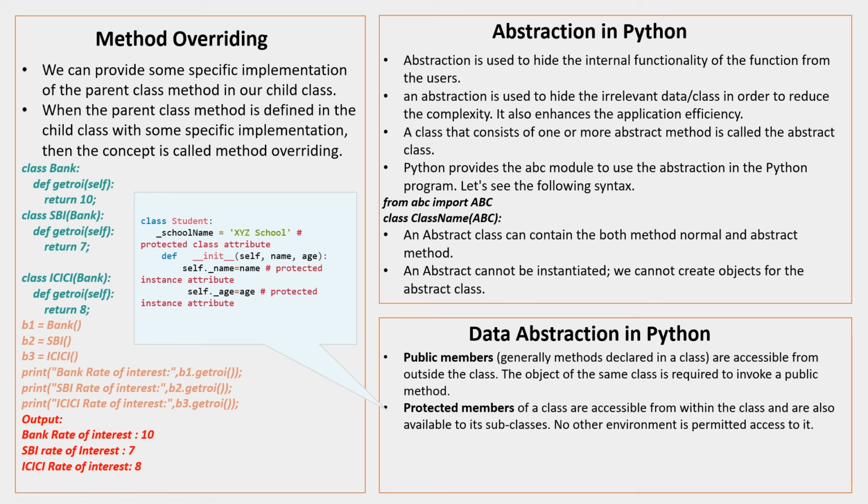That's why you have to attach a single underscore in front of these instance attributes to make them protected members.